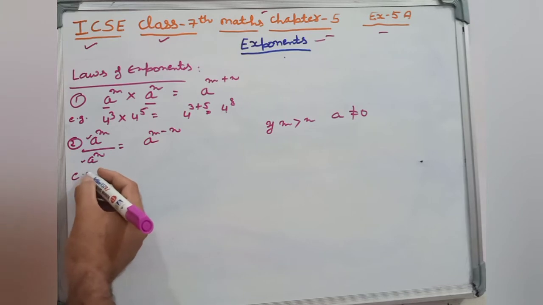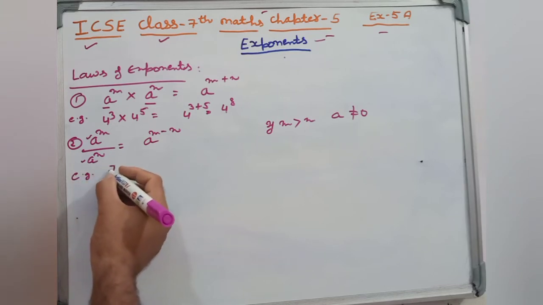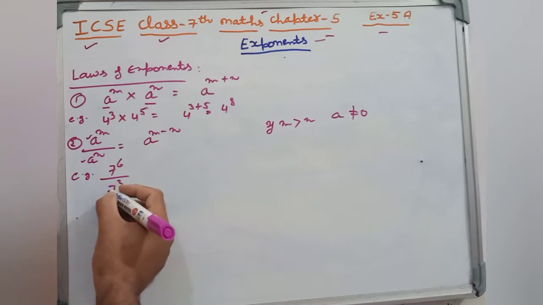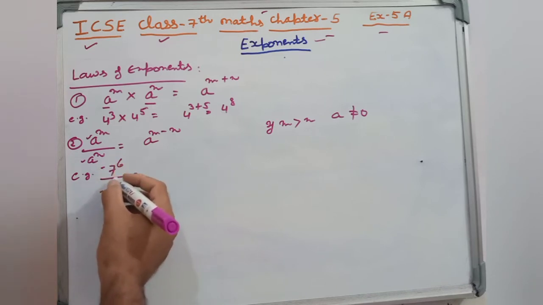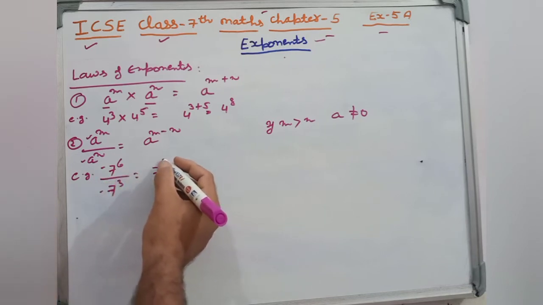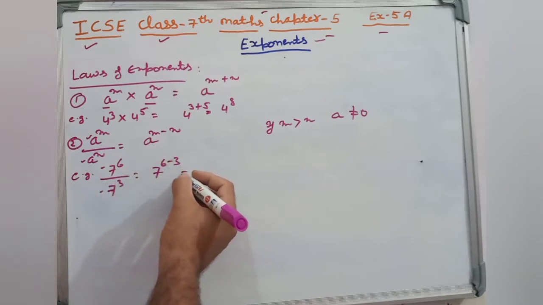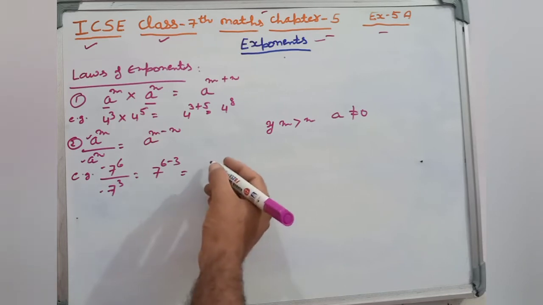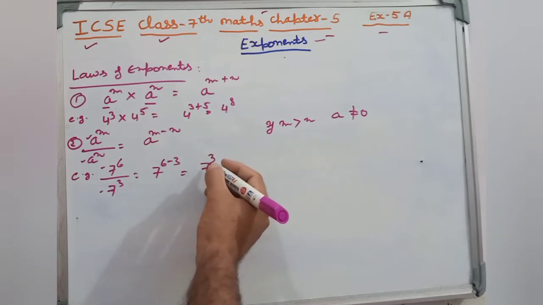If we take an example, suppose 7 raised to power 6 upon 7 raised to power 3. So the base is the same, the powers are different, we have to divide them. While dividing, the denominator power will go above and become minus, 7 raised to power 3.